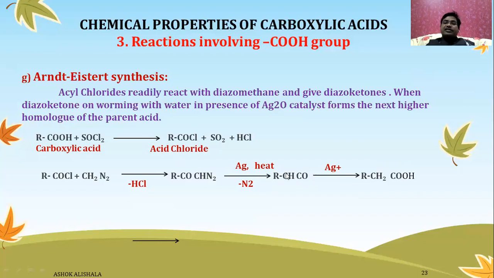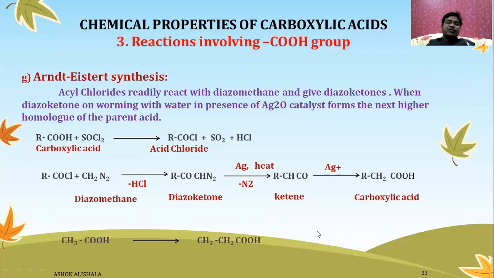This is called a ketene. On heating with silver ions or silver salts, you will get the carboxylic acid. For example, if it is a 2 carbon, it is going to be a 3 carbon. This is diazomethane and a diazoketone, and it is a ketene and a carboxylic acid.